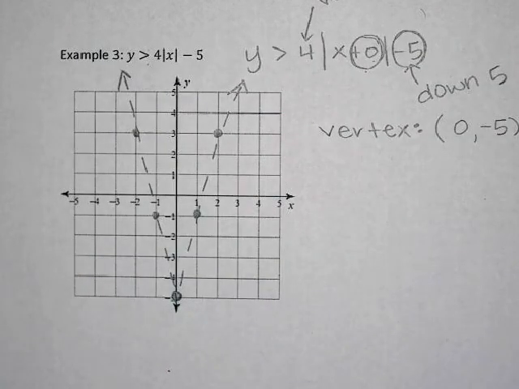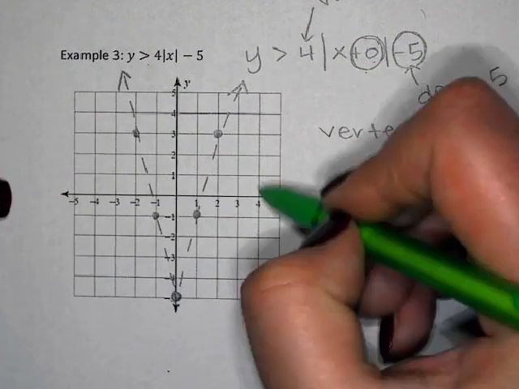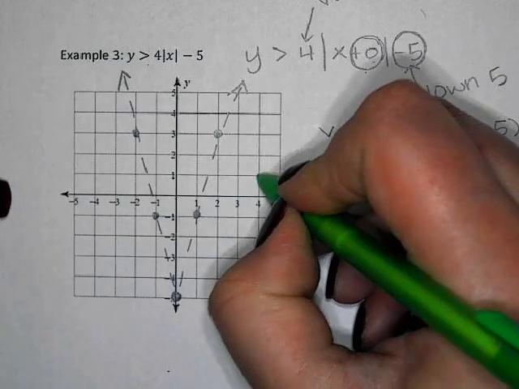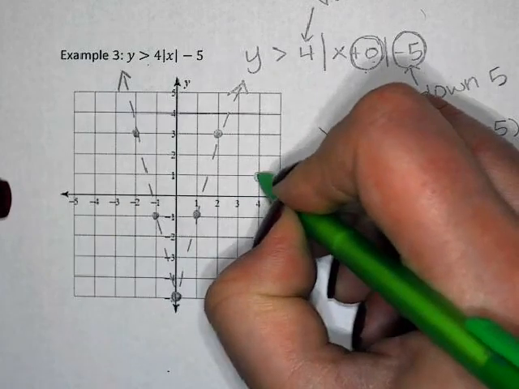So let's go ahead and choose a point. I'm not going to use 0, 0 because I think 0, 0 in this case could be kind of confusing. So I'm going to choose the point 4, 1. I'm going to choose this point over here. It is outside of the V. So I'm going to use 4 for X, 1 for Y.